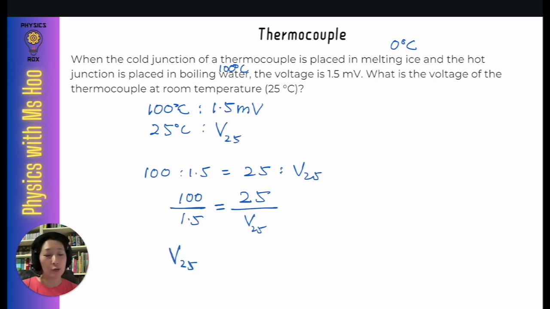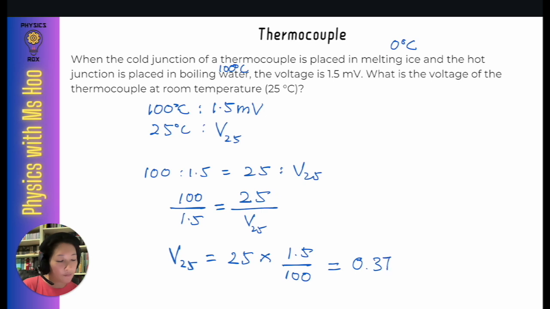So making V25 the subject, we would get 25 times 1.5 divided by 100, and this would give us 0.375 millivolts.